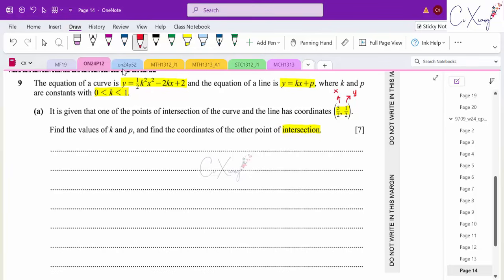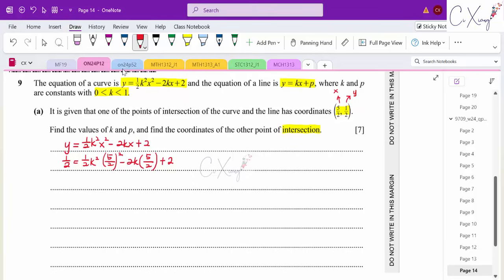I have y equals half k squared x squared minus 2kx plus 2. Substitute the coordinates where y equals half, and x equals 5 over 2, minus 2k times 5 over 2, plus 2.